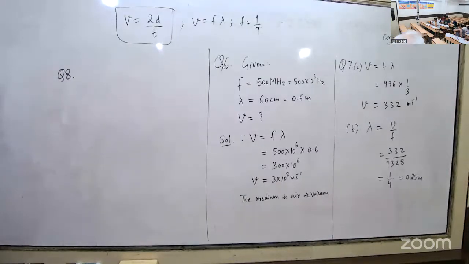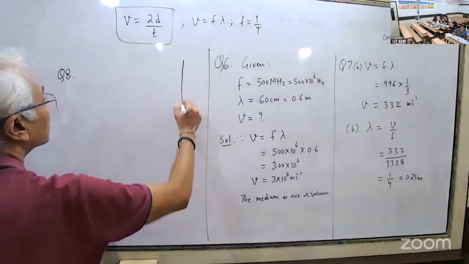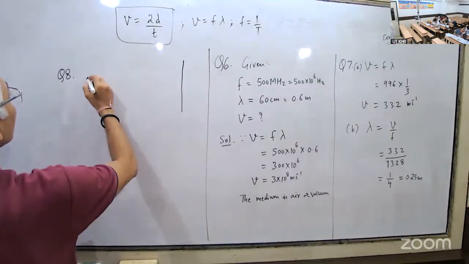A boy is standing in front of a wall at a distance of 85 meters and produces 2 claps per second. Now this is a tricky question. So a boy is standing in front of a wall and is clapping.